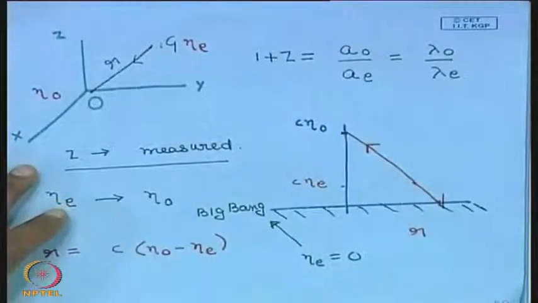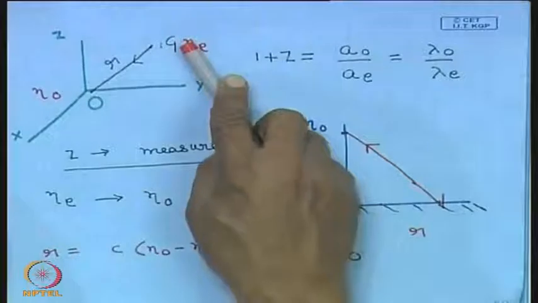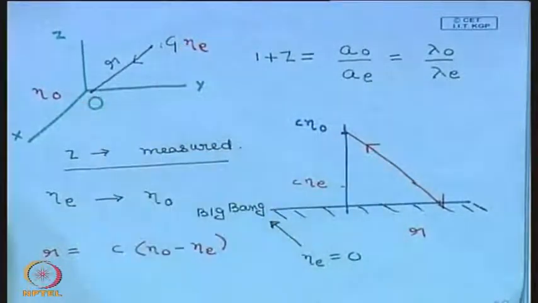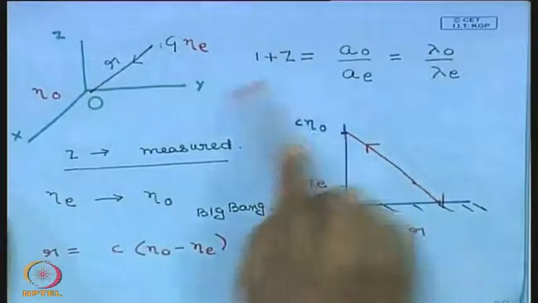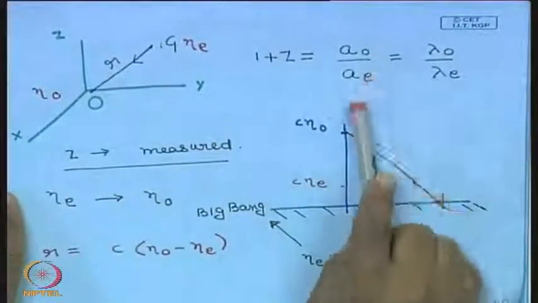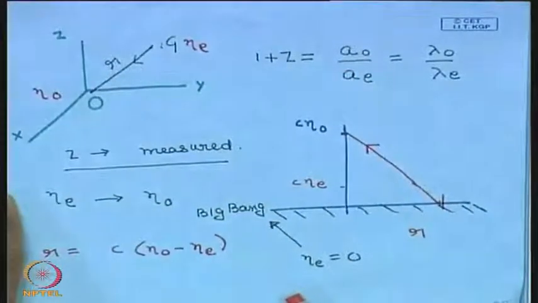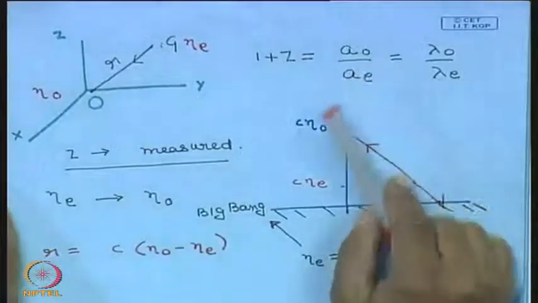So, we were considering a physical situation where there is a galaxy from which we are receiving radiation, and the radiation is redshifted, the observed redshift is z, and we have seen that this redshift will be the ratio of the scale factors between the epoch when the light was emitted and the light was observed.